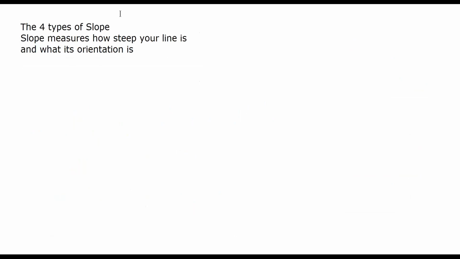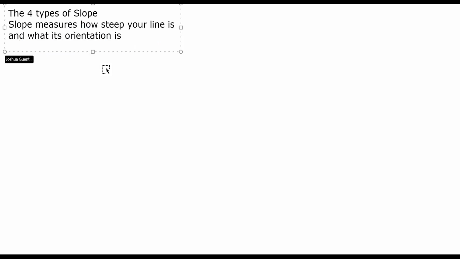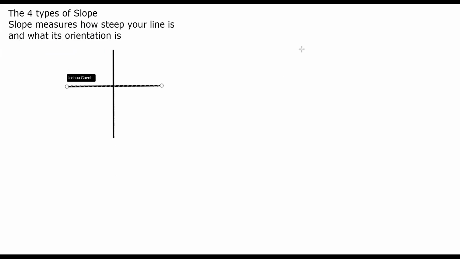That is, is it going uphill or downhill? So 4 types of slope. So let me draw 4 distinct graphs.